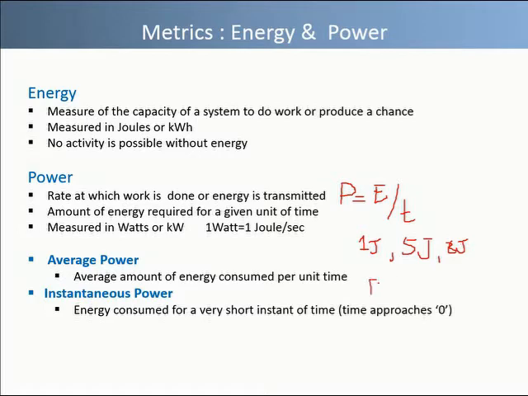So the average power is equal to the total amount of energy, which is 14 joule, divided by the total time, which is 3 seconds, and this is approximately equal to 4.6 joules per second or 4.6 watt.